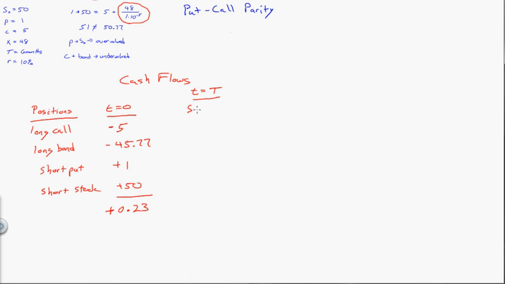What will my cash flow be in the future? Well, in the future, the stock price is either going to be below the strike of 48 or above the strike of 48. And I can put the equal sign in either place. The payoff of the call is the max of 0, ST minus X. If the stock price goes down, the call is not exercised.